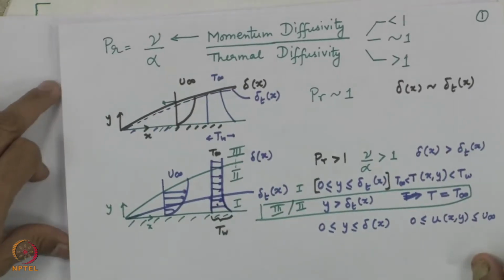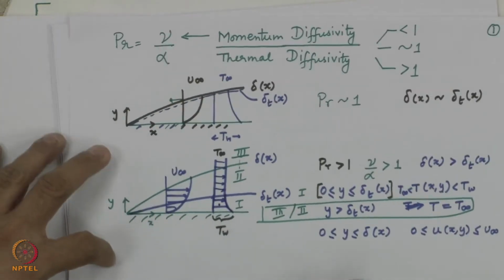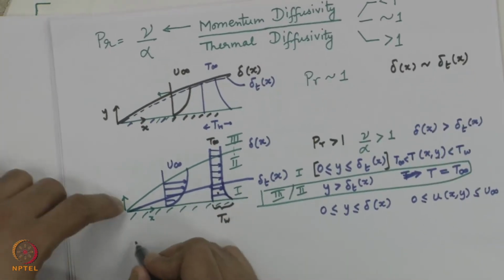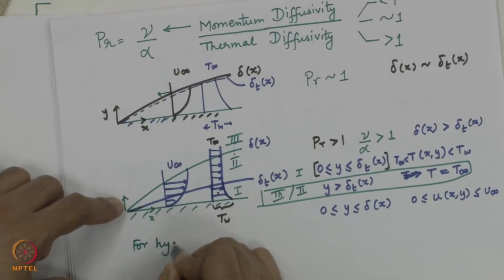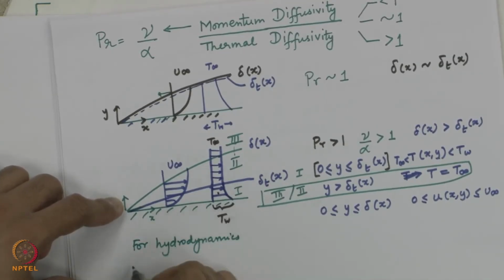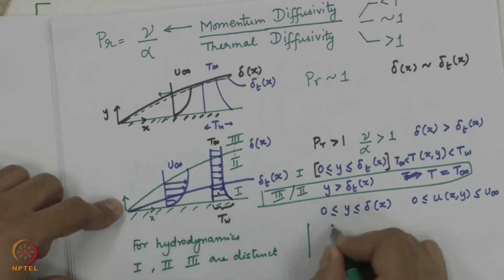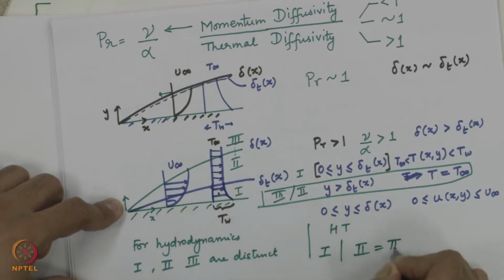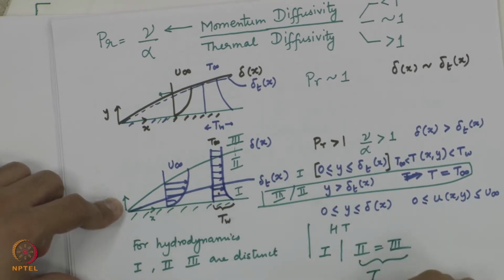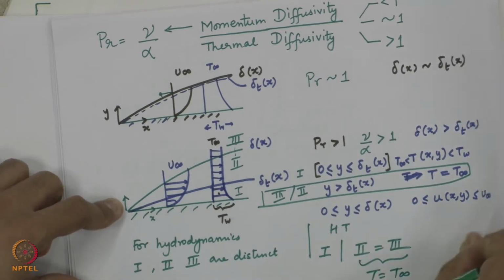Whereas here, in the Prandtl number greater than 1 case, for hydrodynamics, 1, 2, 3 are distinct. For heat transfer, 1 is distinct, 2 equal to 3, because T equal to T infinity here.